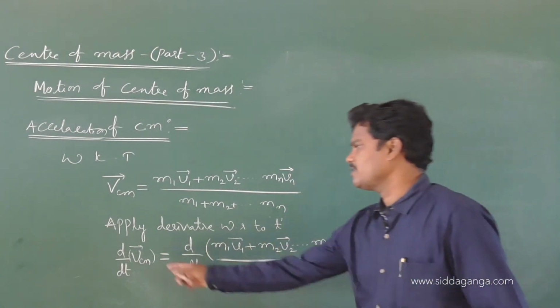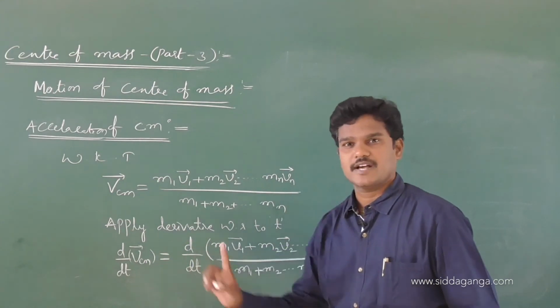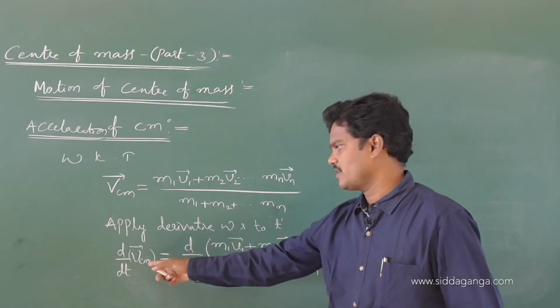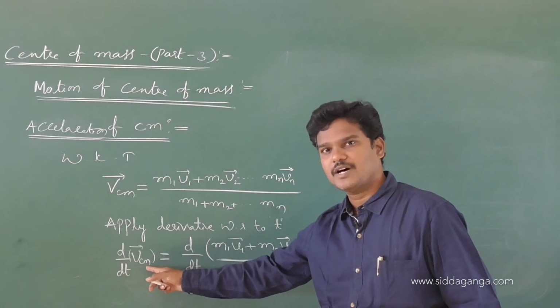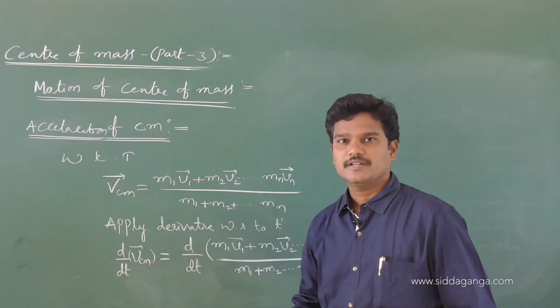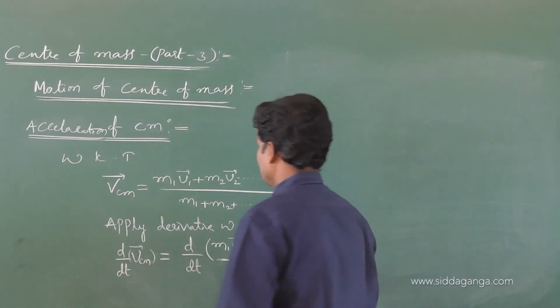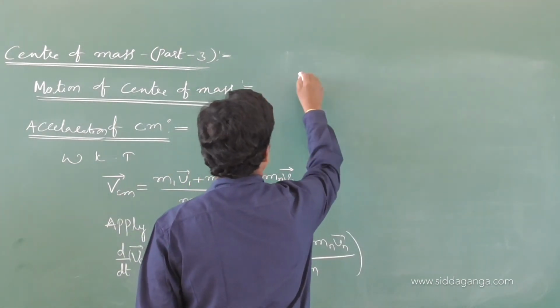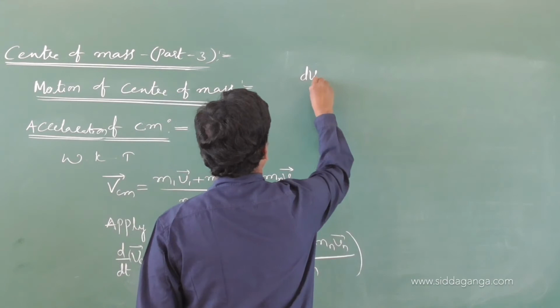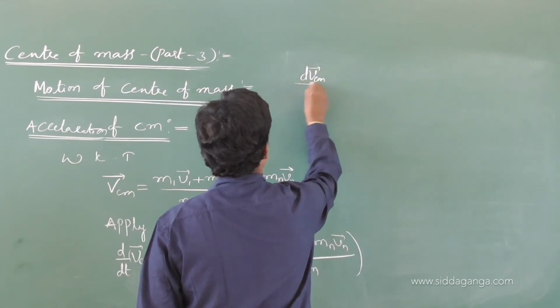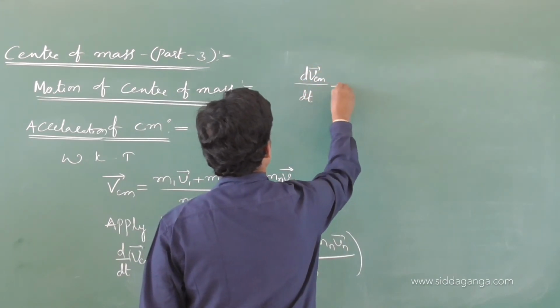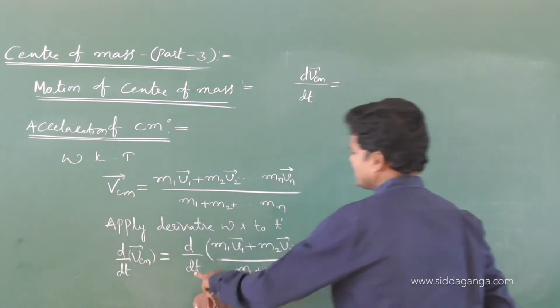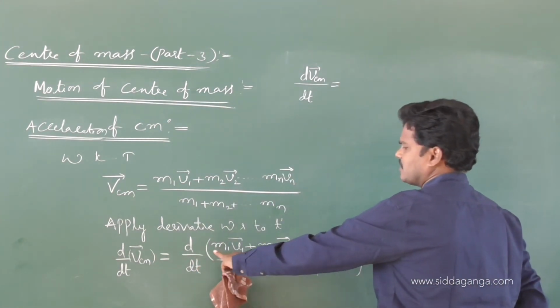We know that the rate of change of velocity is called acceleration. The rate of change of velocity of the center of mass is equivalent to the acceleration of the center of mass. So on the left side, dvcm bar by dt. Apply d by dt to v1, v2, vn; the mass is constant.